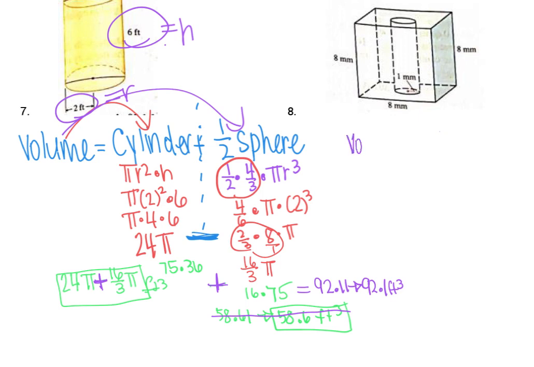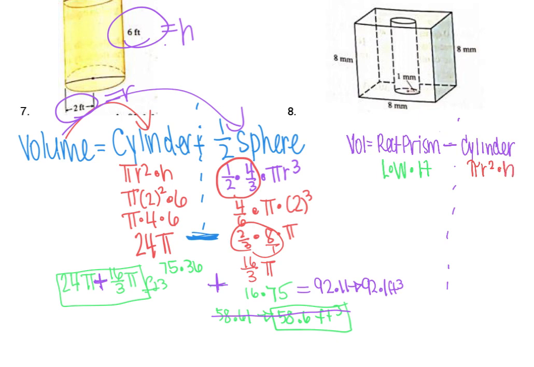So volume equals rectangular prism minus the cylinder. Okay, put my line down the middle, write my formulas. Rectangular prism is length times width times height. Cylinder is pi r squared times height.